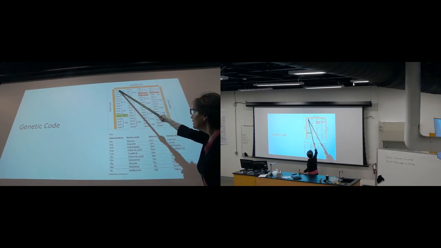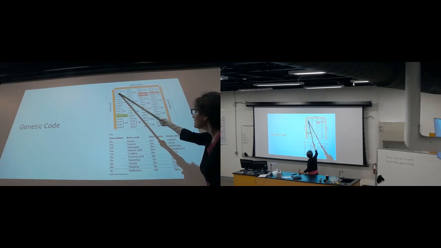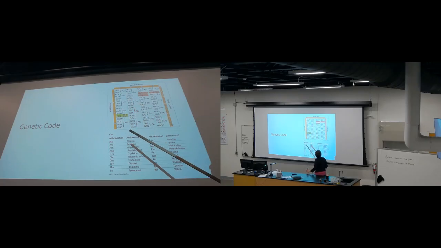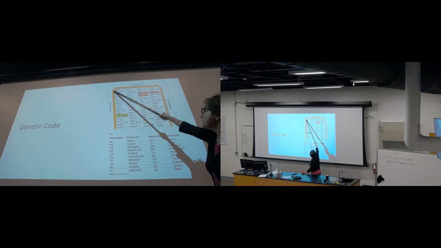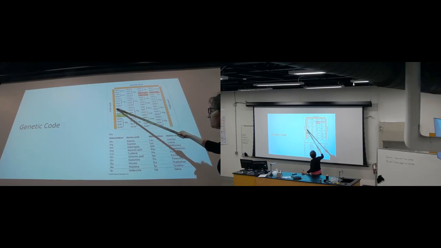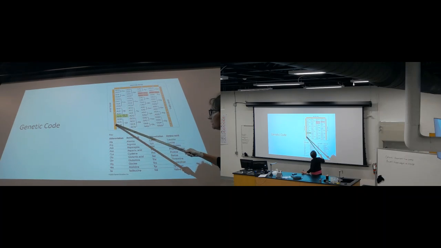If you have uracil plus a cytosine, you form phenylalanine. So here is the first base. You have U in here, C in here, A in here. Uracil, cytosine, adenine, and guanine.